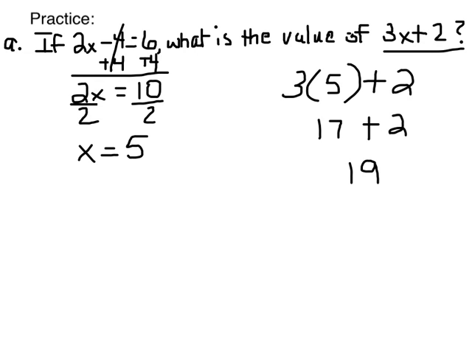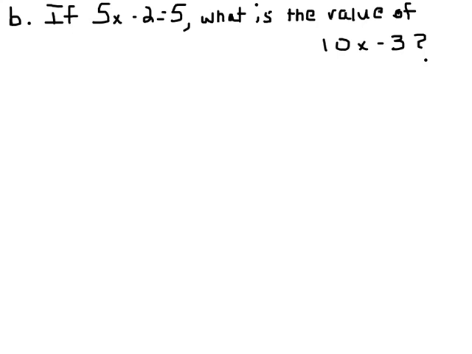Let's do the next one. If 5x minus 2 is 5, what's the value of 10x minus 3? Alright, we have a minus 2 here, so we're going to add 2 on both sides. 5x equals 7. I'm sorry, 5x equals 7.